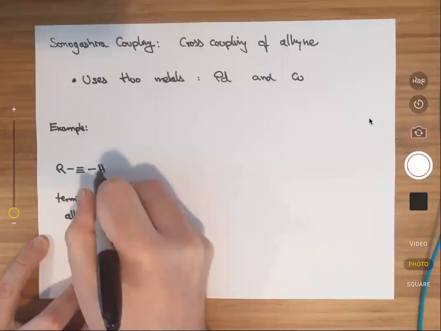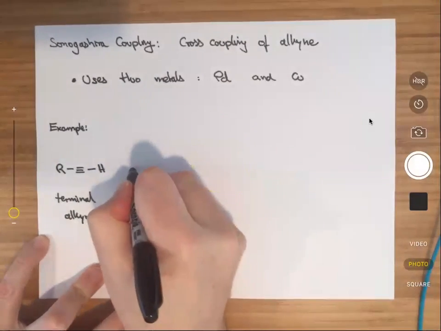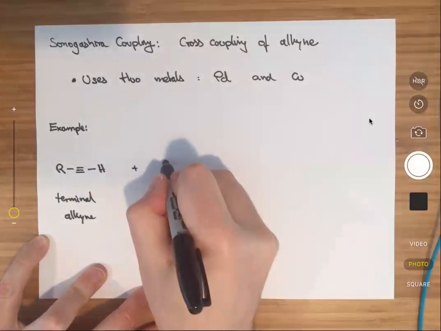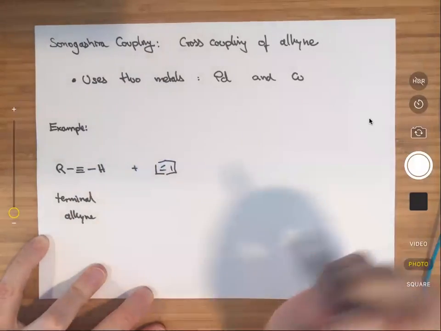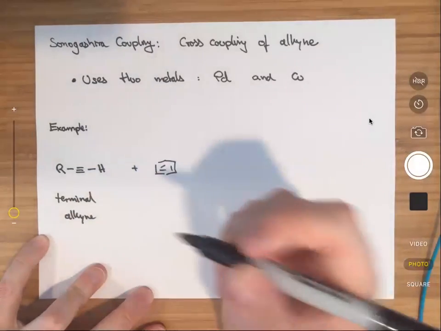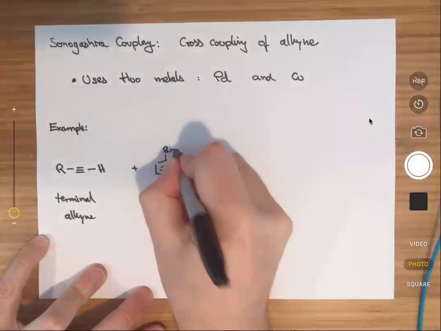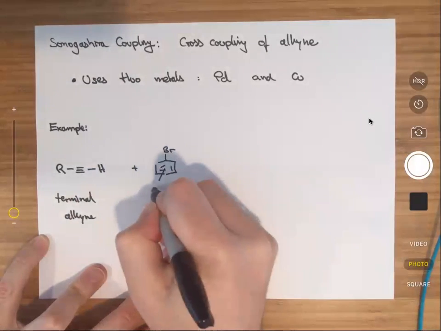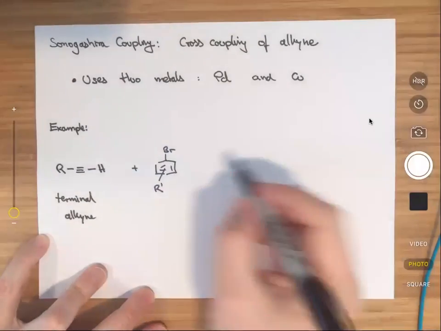So it needs to have this hydrogen here on one side of the triple bond. And then you can mix this with, let's say, our cross-coupling partner in this case could be an aryl halide, for example. Let's say we use the aryl bromide, and this can have many substituents here. So I'm just going to abbreviate this here with R prime.